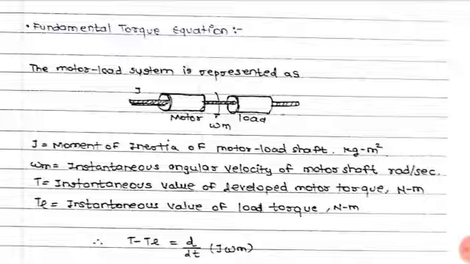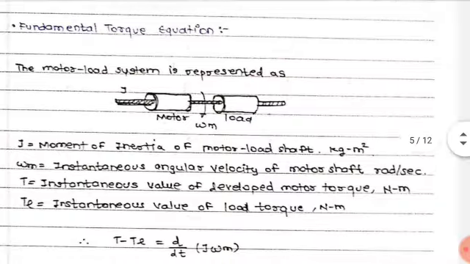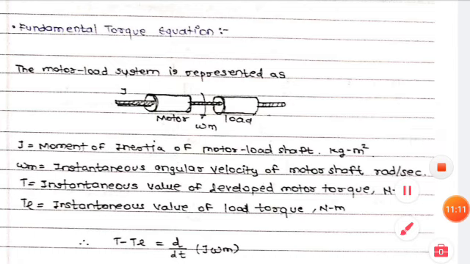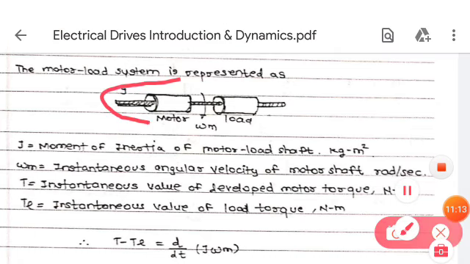All those performances, such as heat produced in the machine, can be easily evaluated using this equation. So we are going to use this equation in so many numericals, or even while deriving some equations. This is the simplest representation of the motor and load system.